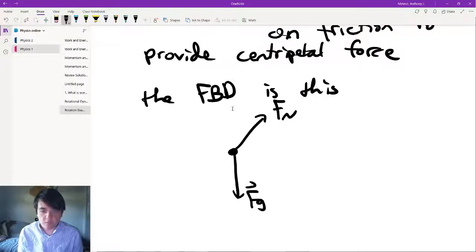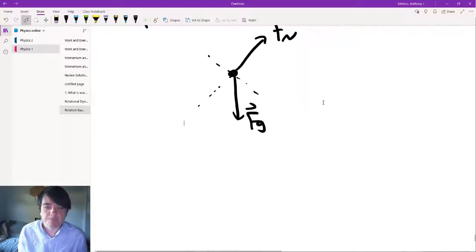We have the normal force, okay? And we're banked, so this would be where the bank was. If we had friction required, we would have friction pointing along the incline downward, but we don't, because we just want to know what it's like without friction.